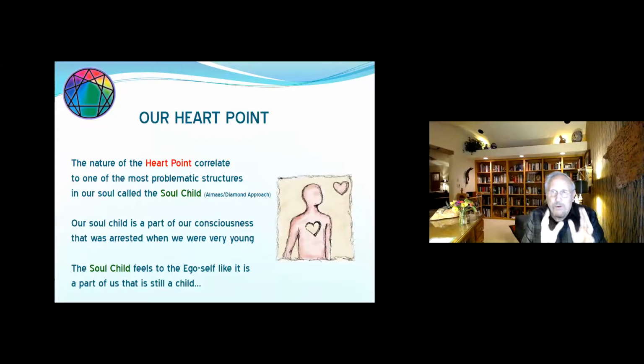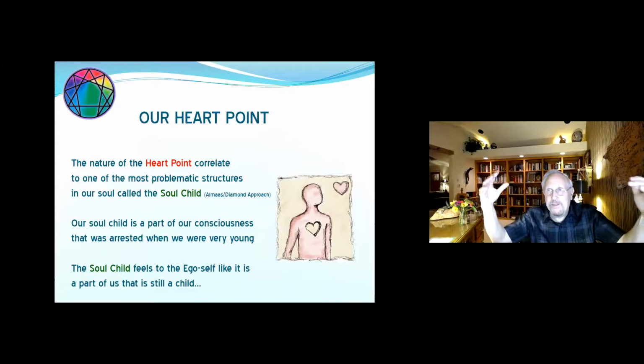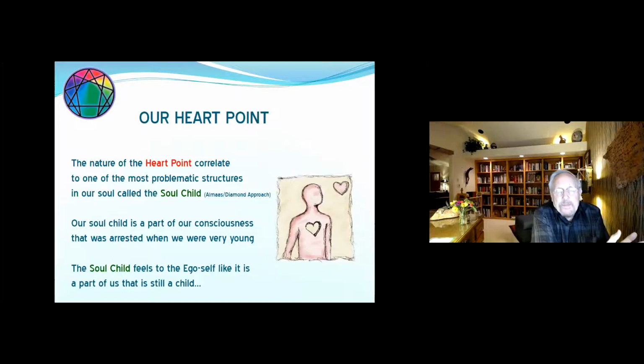This heart point, which is the essence of the type that I left behind as a child. The heart point is the idealized, the best part, the high point of my soul child type. It's a problematic structure, Maytree says.